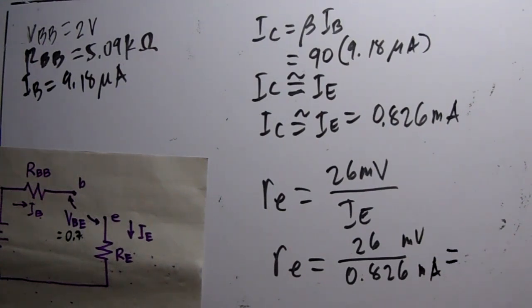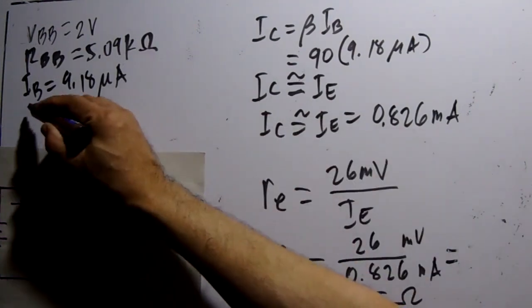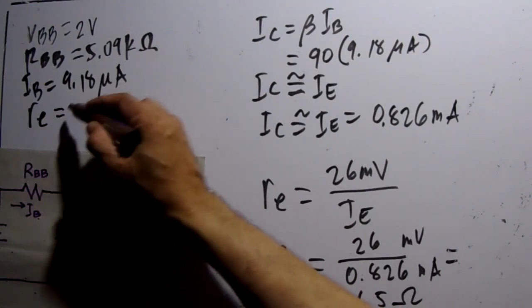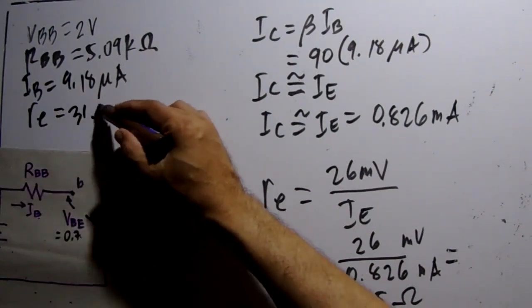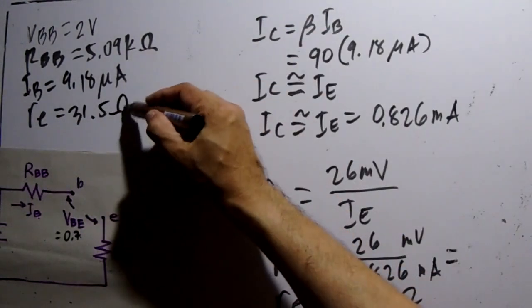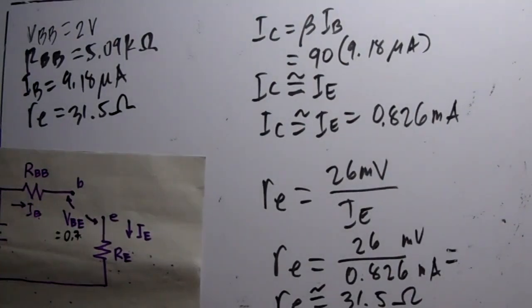That's re, simply equal to 31.5 ohms approximately. So re is equal to 31.5 ohms.